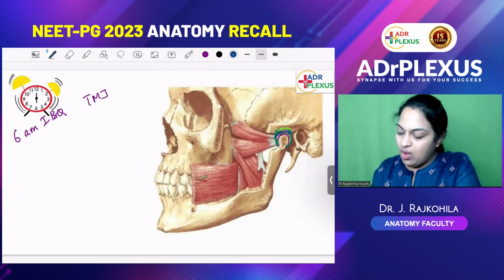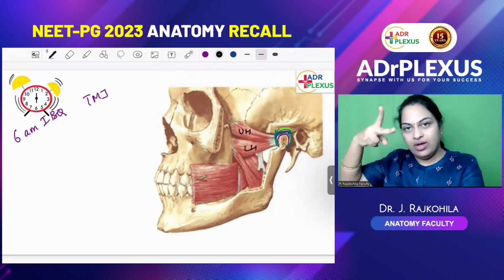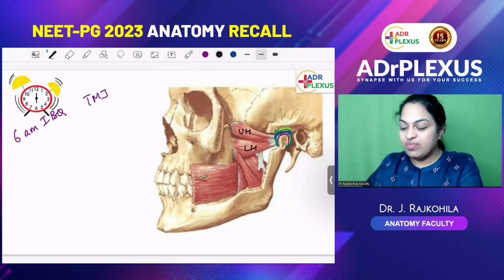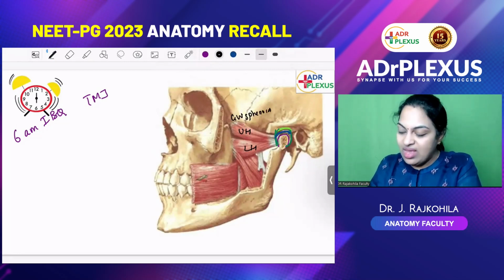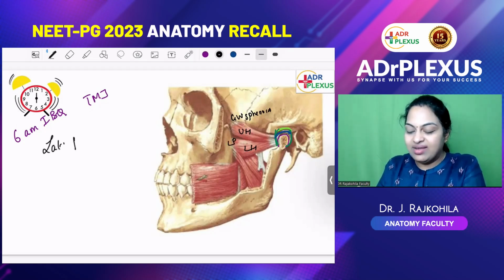Now, what is this muscle here, which has two heads, upper head and lower head? The upper head of this muscle you can see coming from the greater wing of sphenoid, and the lower head is going to come from the lateral surface of the lateral pterygoid plate. This is the lateral pterygoid muscle.